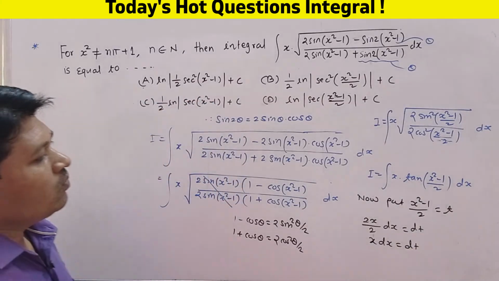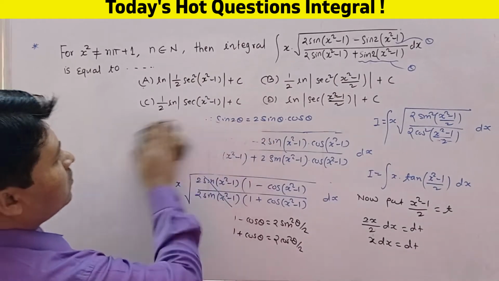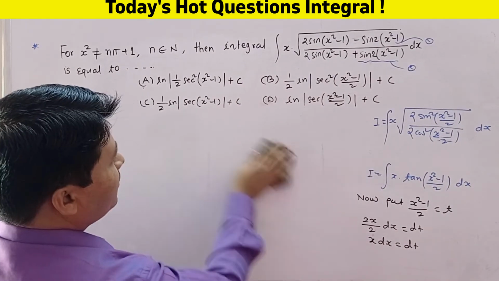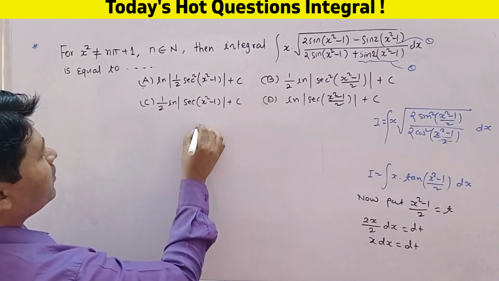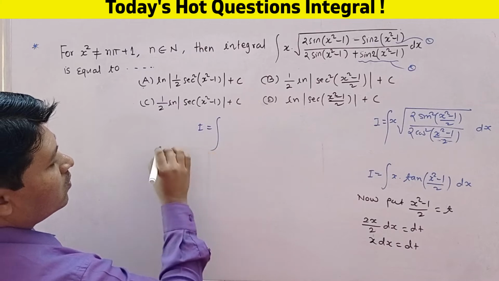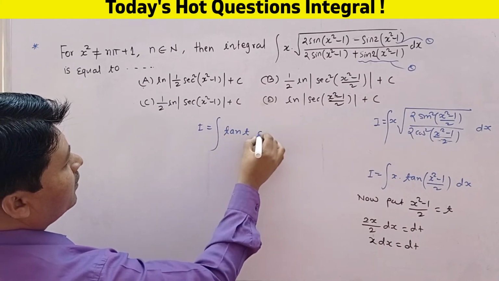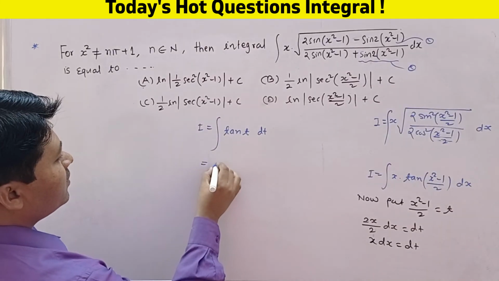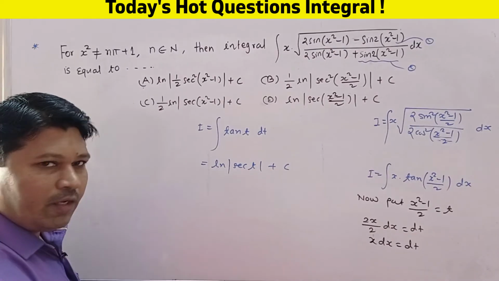Now the integration becomes I equal to the integral of tan t dt, and we know the integral of tan t is ln of sec t plus c, where c is the constant of integration.